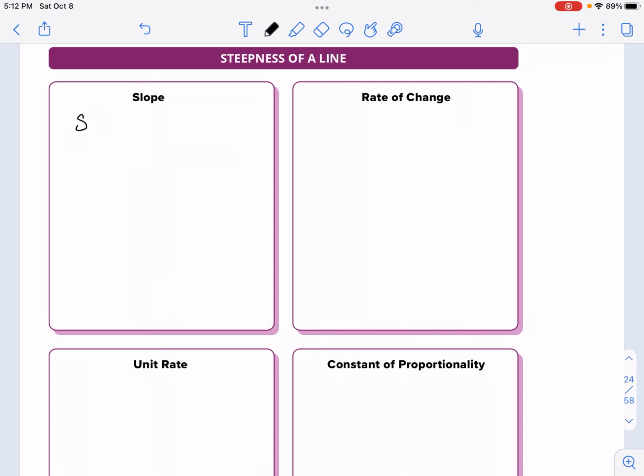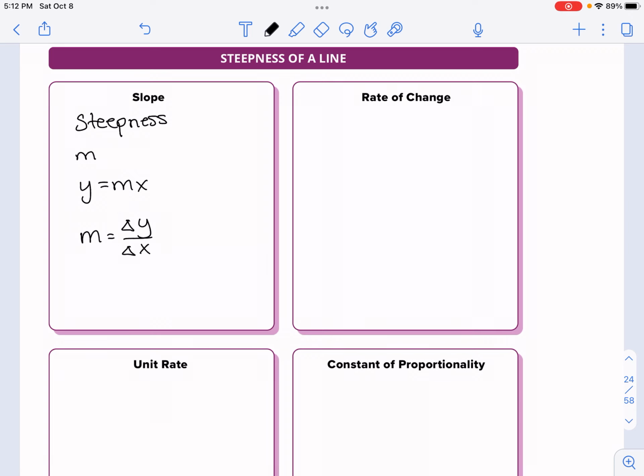This talks about the steepness of a line, typically the variable m. We use this in the equation y equal to mx. It's the change of y over change of x. Oh, I forgot to say that. Whoops. So let's put triangle y over triangle x.